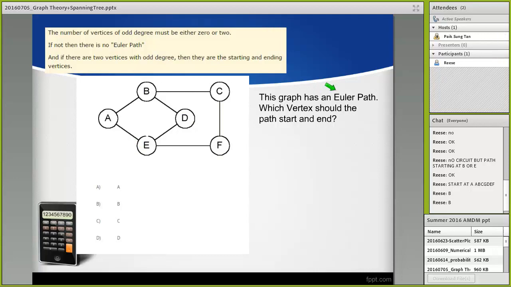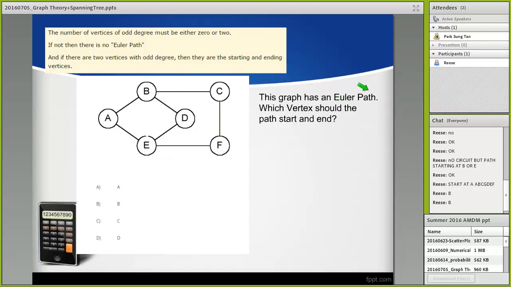If there is only one odd degree vertex, there will not be any Euler circuit. A circuit is like a circle, where you start and end at the same point, but there's not going to be any Euler circuit here because there are two odd degree vertices in total. But we have an Euler path.